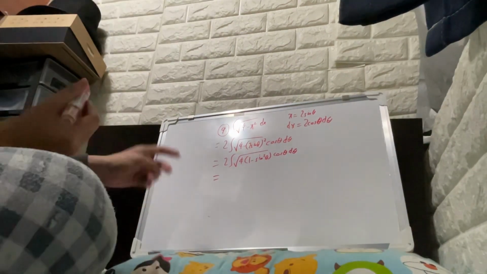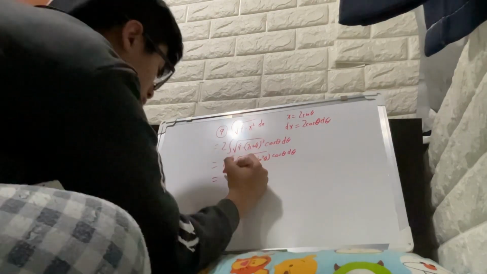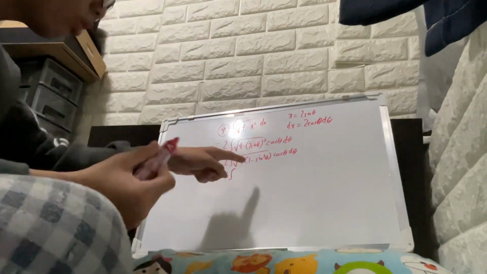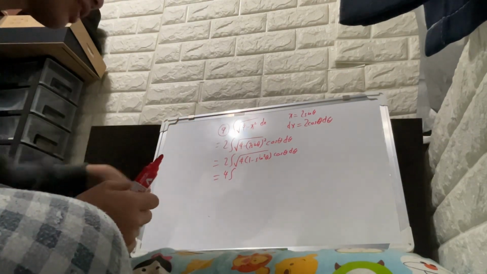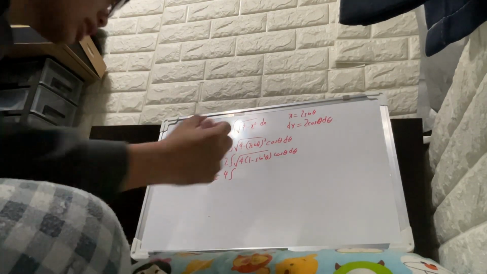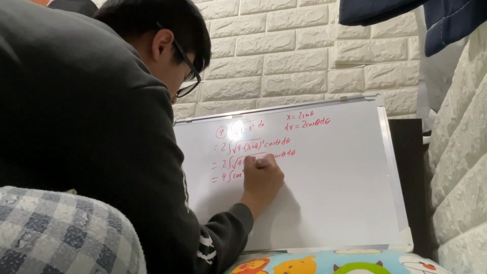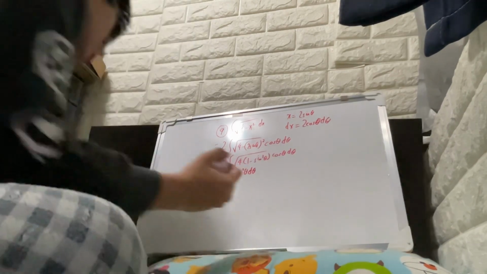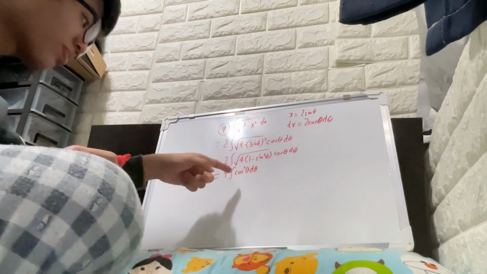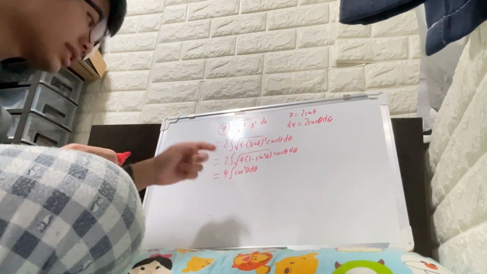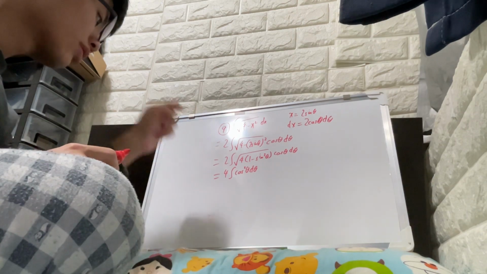So the square root of 4 is 2, 2 times 2 is 4, put outside the integral, and then 1 minus sine squared theta is cosine squared theta. Take the square root, you get cosine theta, and then cosine theta times cosine theta becomes cosine squared theta. And here we're going to use our double angle formula in terms of cosine 2 theta.